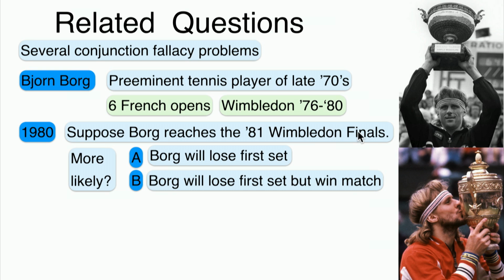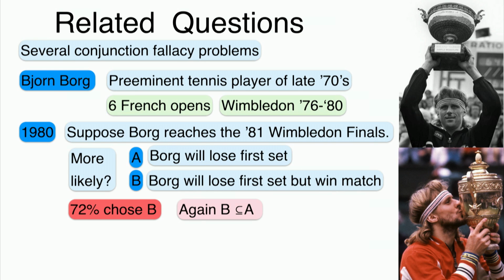Given where he was in 1980, it's very unlikely that he'll lose the first set, and it's also very likely that he will win the match. So perhaps not surprisingly, 72% said that it's more likely that he will lose the first set but win the whole match.